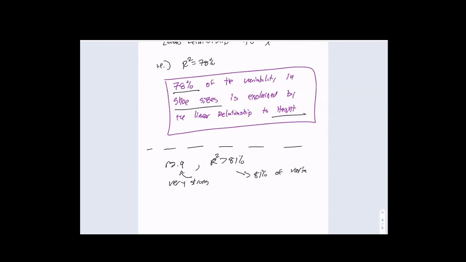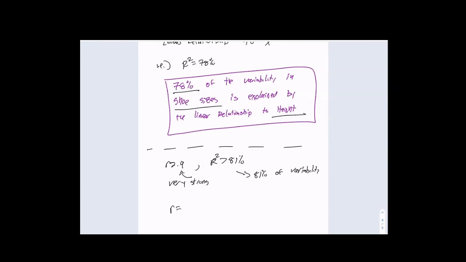That's a lot. If I told you 81% of the reason why your grades change is explained by your attendance, that's a big explanation. So you would want to say, oh, wow, I need to focus on my attendance. But you've got to realize it doesn't mean causation. It doesn't mean that if you improve it, your grade automatically changes.